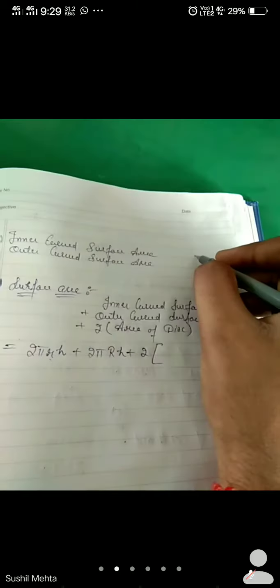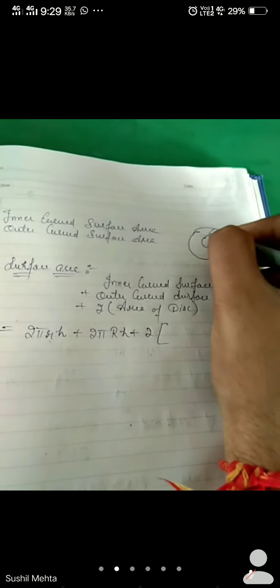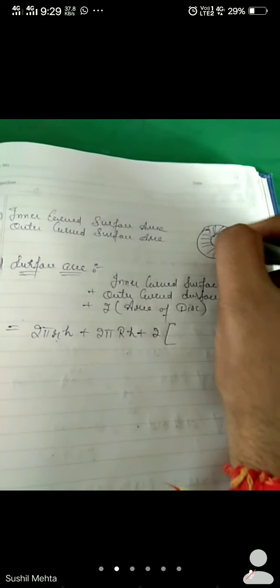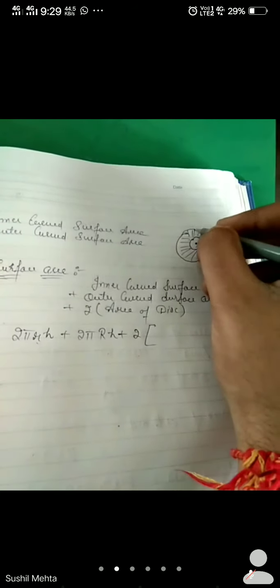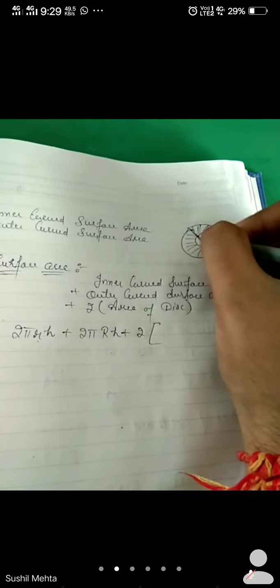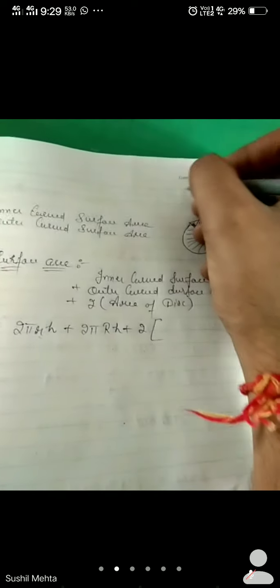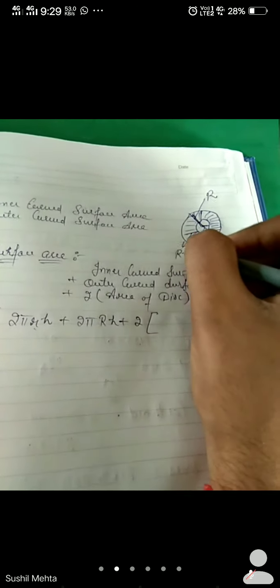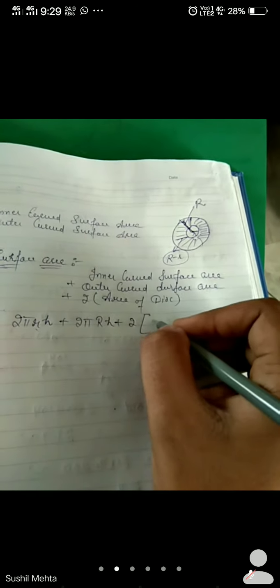So the area of the disk we can find like this. This is the disk. We have to find this area that I am shading right now. Let it be small r and capital R. This area has a thickness whose value is capital R minus small r. So what would be the area?